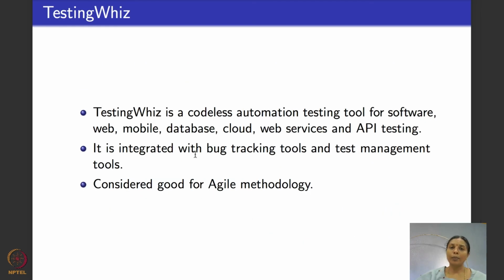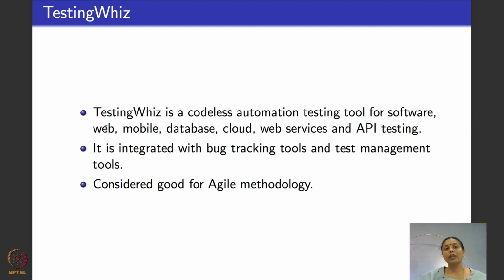Then another popular tool is TestingWhiz. It's a codeless automation testing tool for software testing, web applications testing, mobile apps testing, testing for databases like SQL, cloud testing, web services which form a specific part of web apps, and API testing.